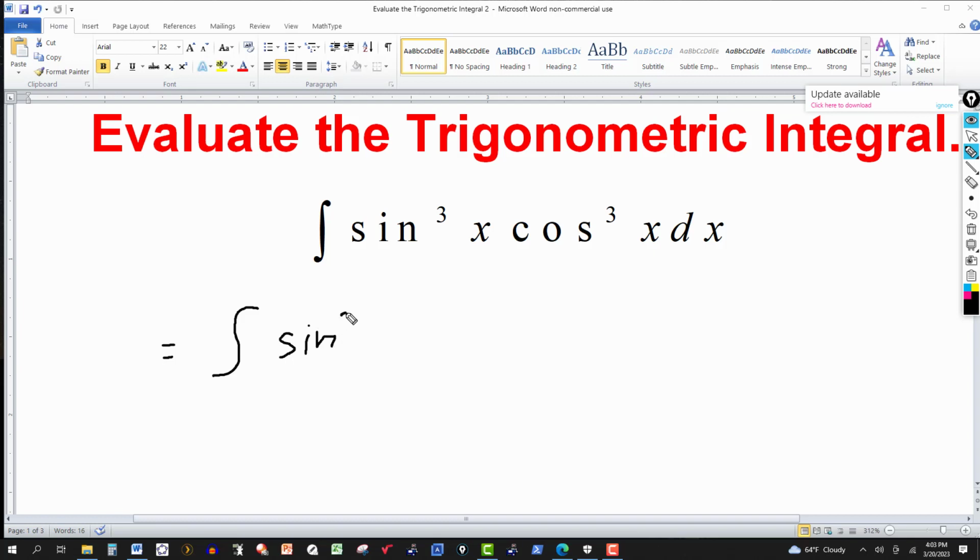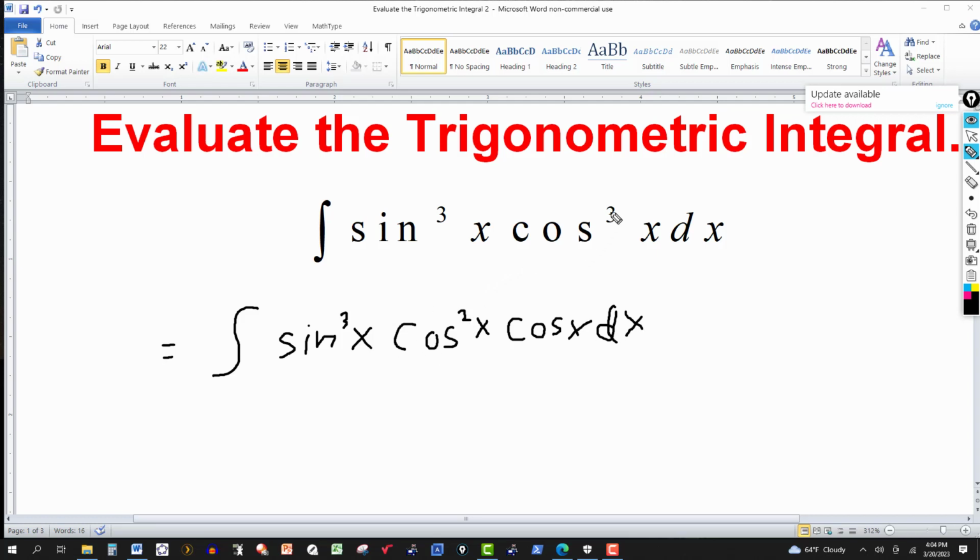This will be sine cube of x, and then the cosine, I'm going to break it this way. I'll factor out a cosine, so I'm going to say sine cube x cosine squared times cosine x. This is the same thing as what we started off with.